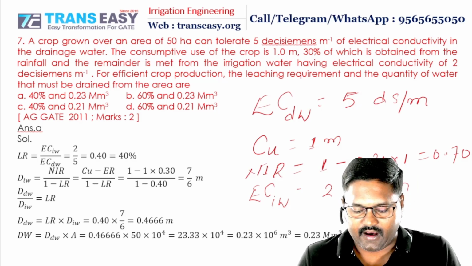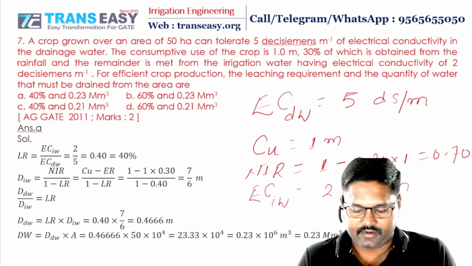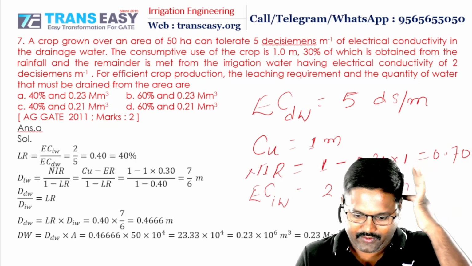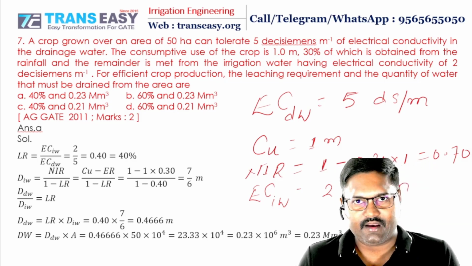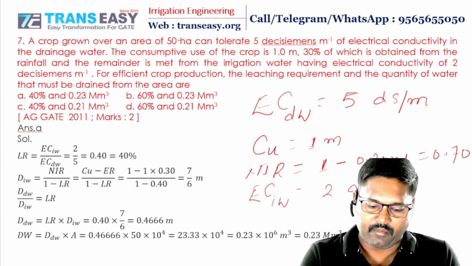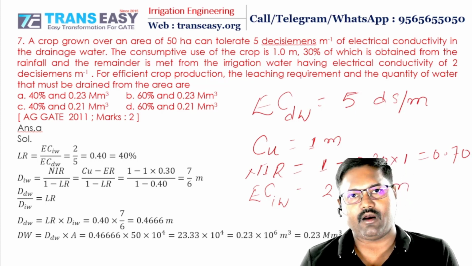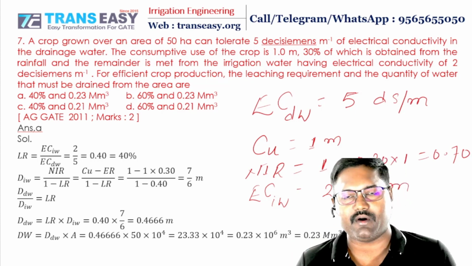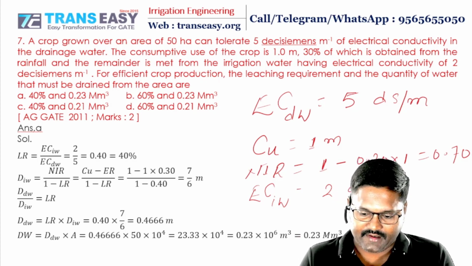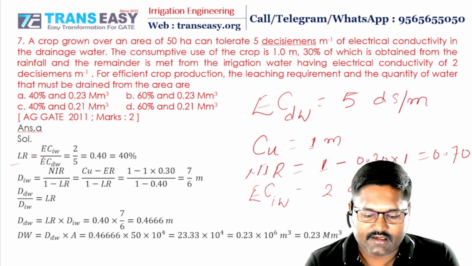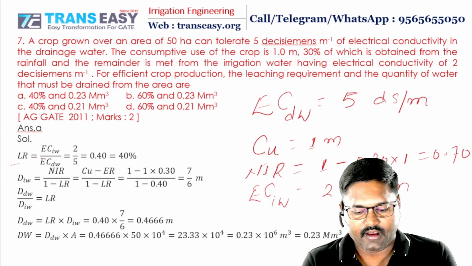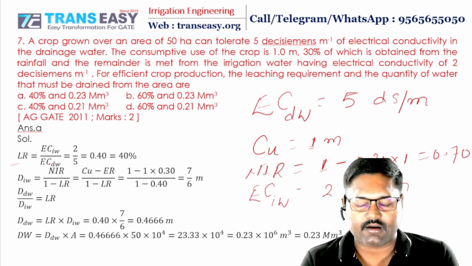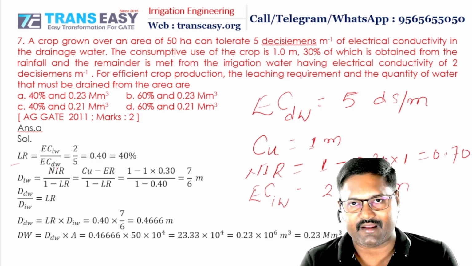For efficient crop production, the leaching requirement and the quantity of water that must be drained from the area are asked. So the depth of drainage water we will calculate first, and by multiplying by the hectare area we will get the volume of drainage water. We know leaching requirement is electrical conductivity of irrigation water upon electrical conductivity of drainage water.